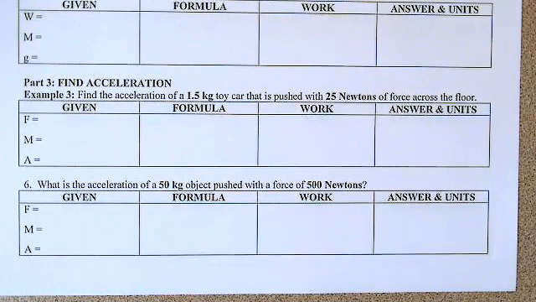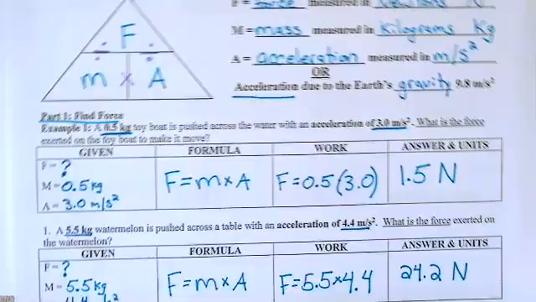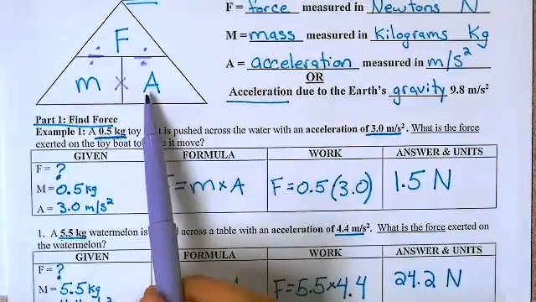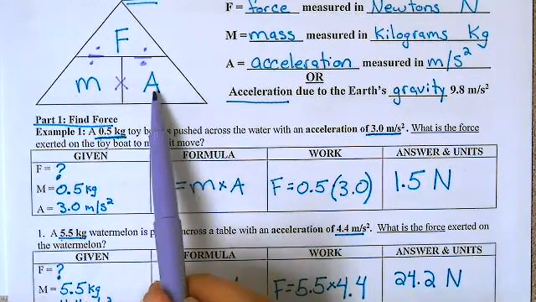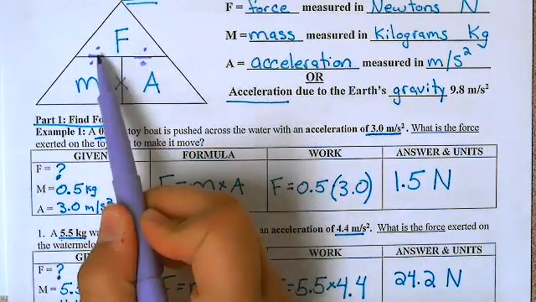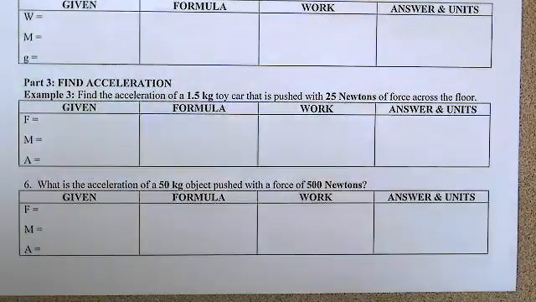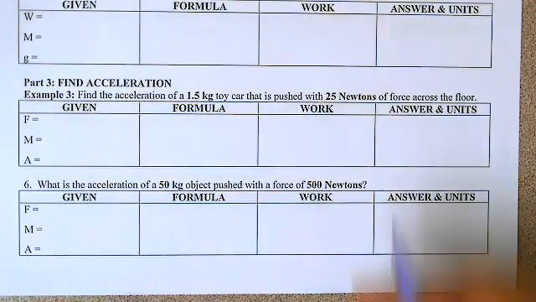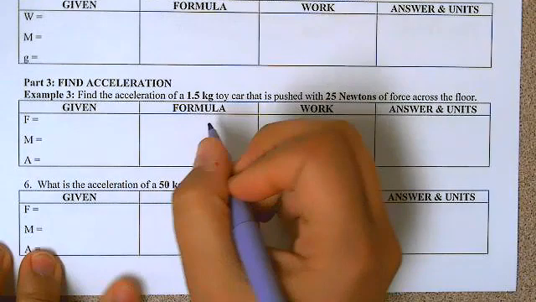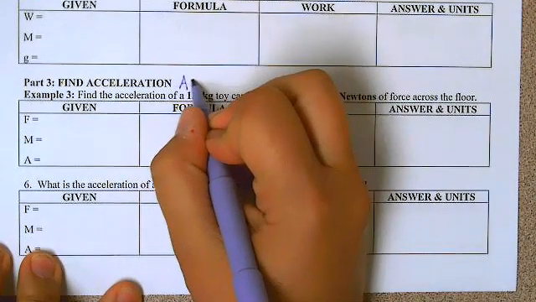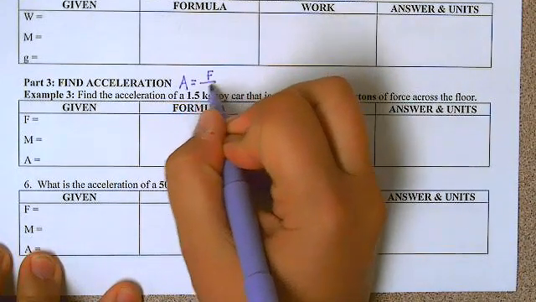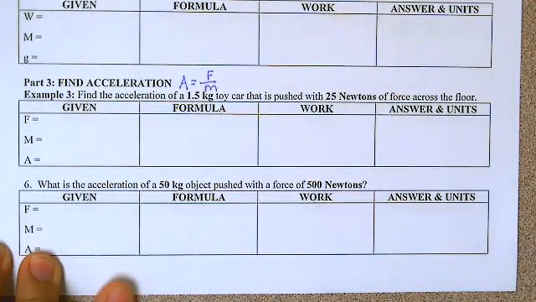Okay, for part 3, we're finding acceleration. So if we go back to our math triangle, we see that acceleration is here. So if we're looking for acceleration, we're going to do force divided by mass. So for section 3, for all of these, acceleration equals force divided by the mass. Okay, that's our formula for part 3. Okay, so let's read example number 3.